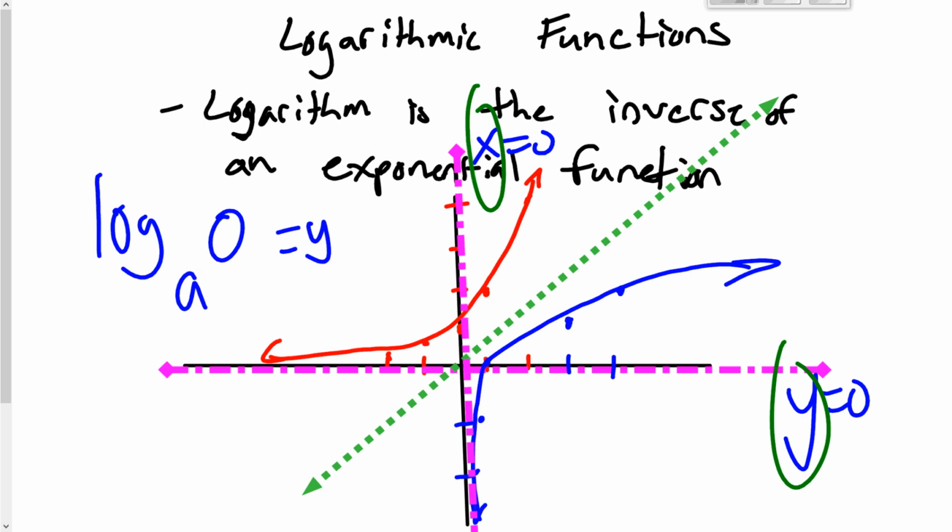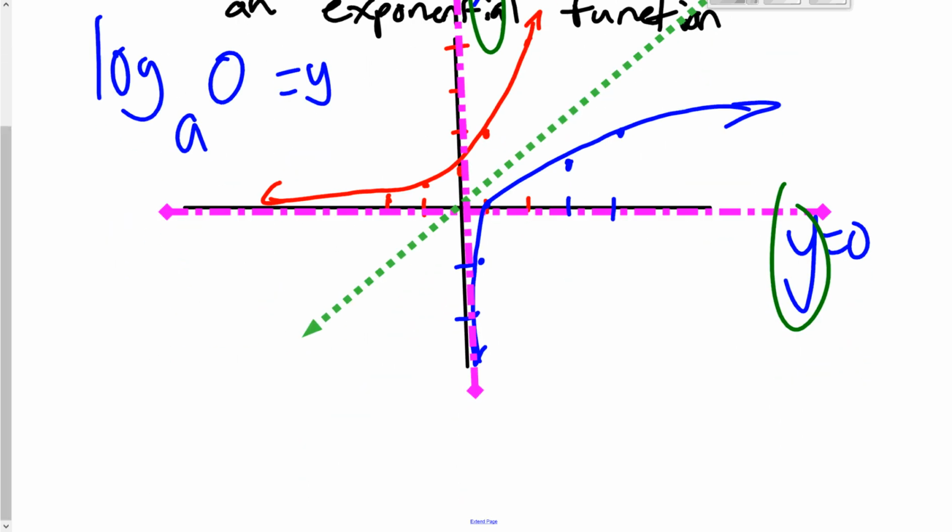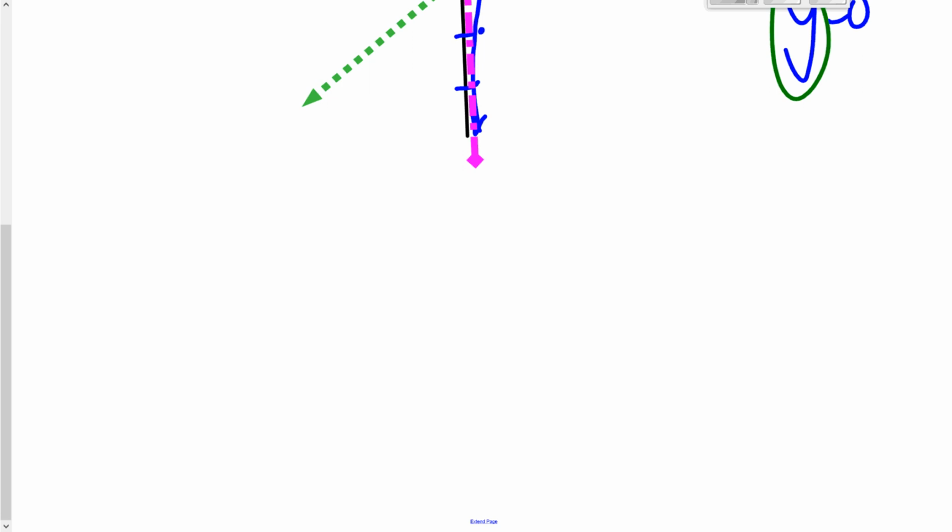So a few ways to graph these things is just to switch it to an exponential and just graph it. So remember how we switch to an exponential is something that looks like this, right? If I have y equals a raised to the x, well, that's the same as the log. Well, actually, let's go the other way.